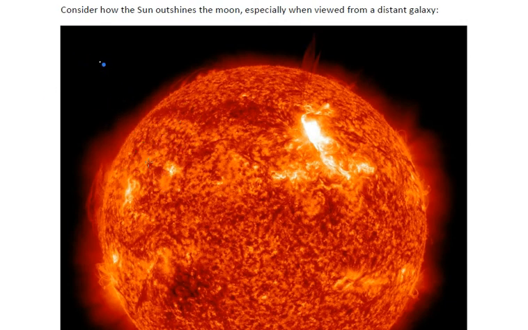Of course, you could not really look at the sun because it would be so bright, but in this picture it's sort of dulled down so you can look at it, but picture it in its brightness. If you were in a distant galaxy, far, far away, looking at our star, the sun, how much of the light that you see would come from the Earth's moon? It's virtually zero. The sun dominates entirely the light that you see.